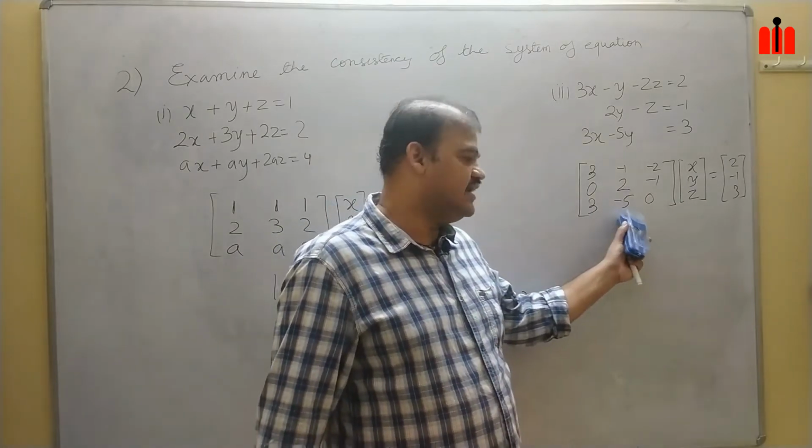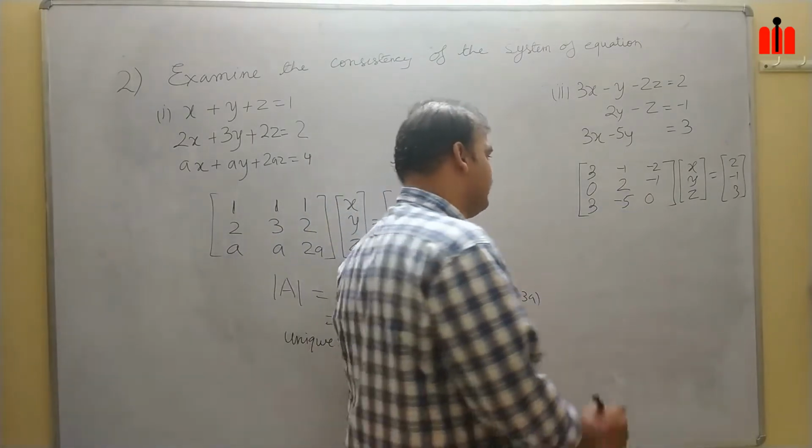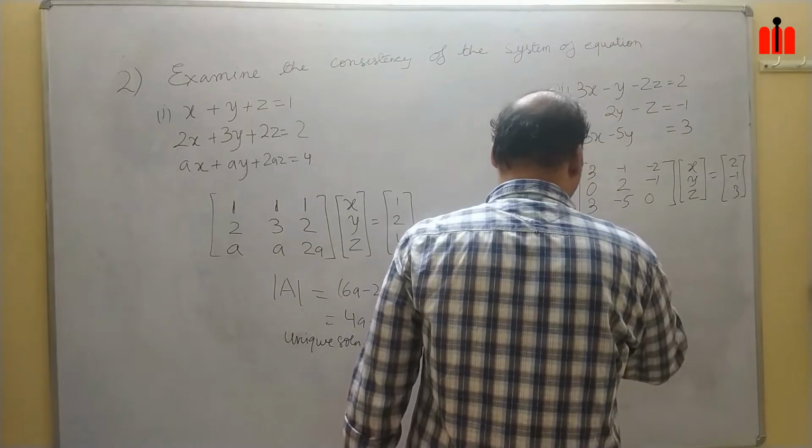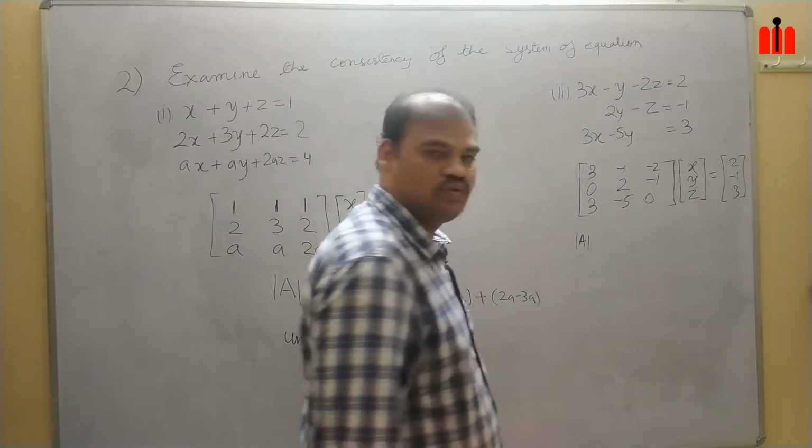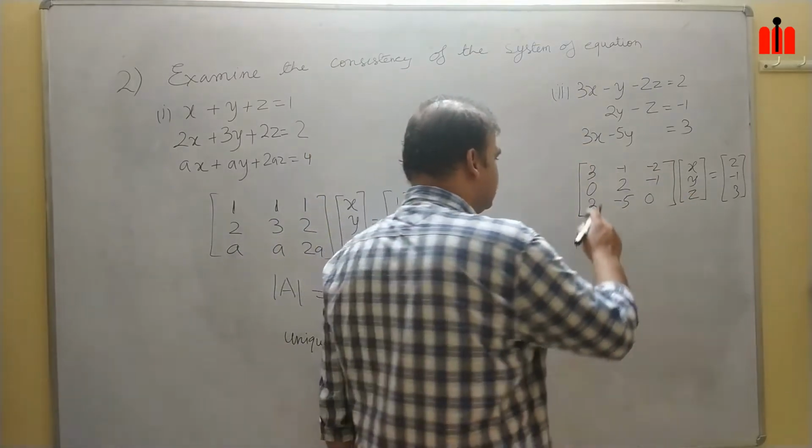Now I have to find the determinant of A. So what will be the determinant of A? I will find it through the first row.